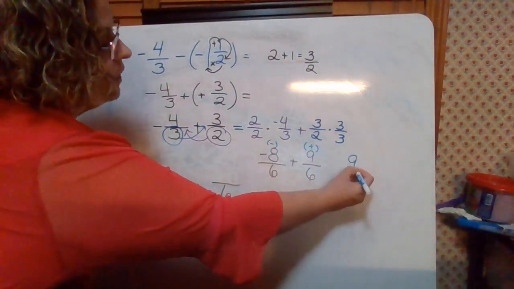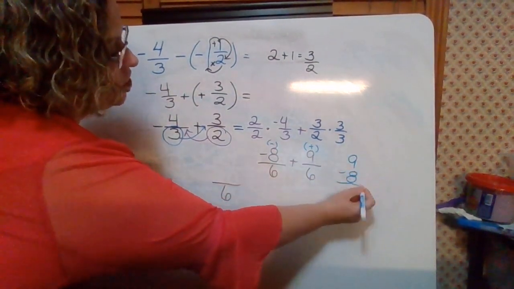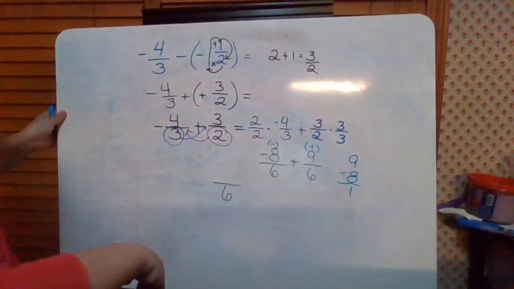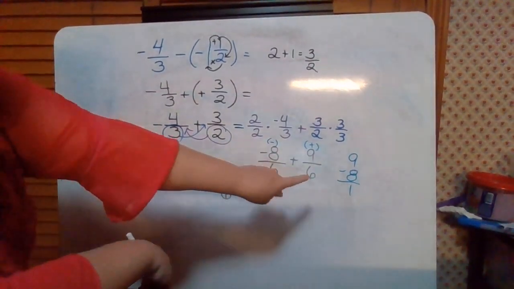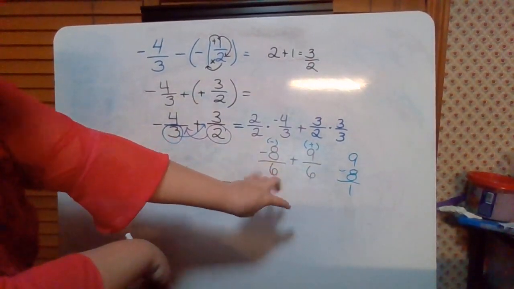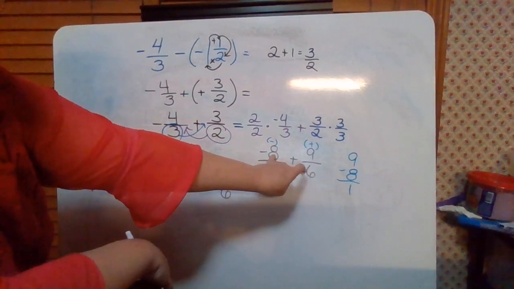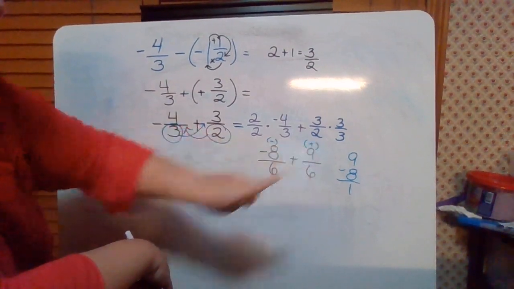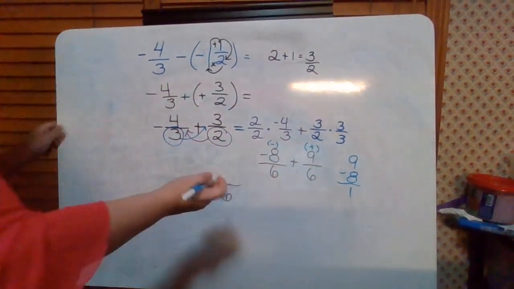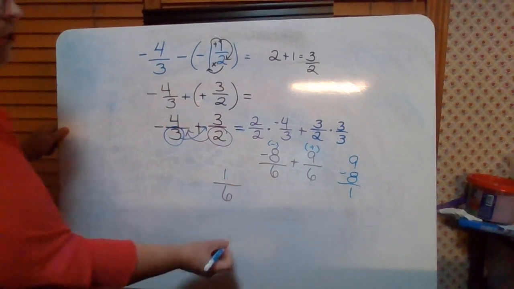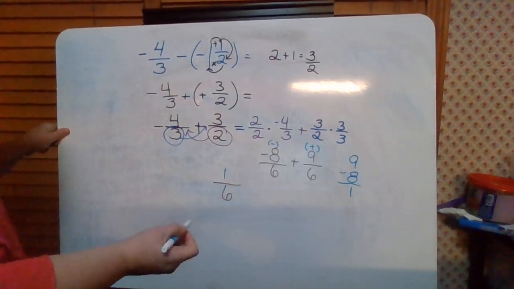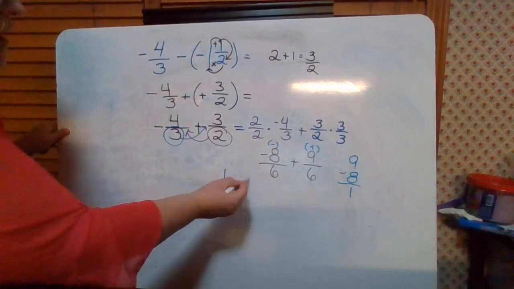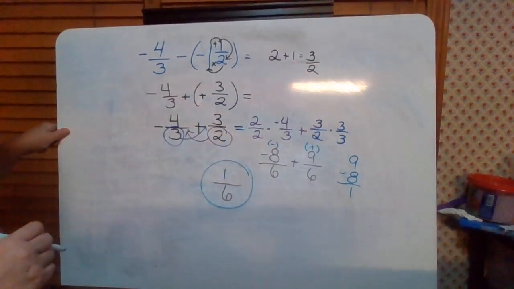I'm going to do 9 minus 8, which is 1. Is it going to be a positive 1 or a negative 1? Which is bigger, 8 or 9? 9 is bigger, and my 9 is positive, so that 1 is positive. So it is 1 over 6. I don't have to convert anything, so my answer is 1 over 6.